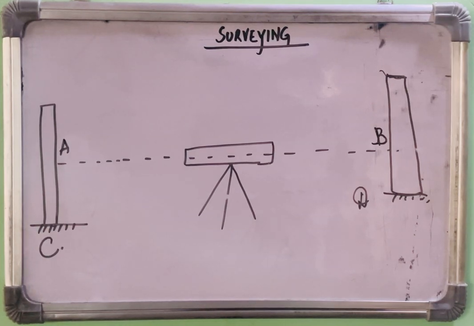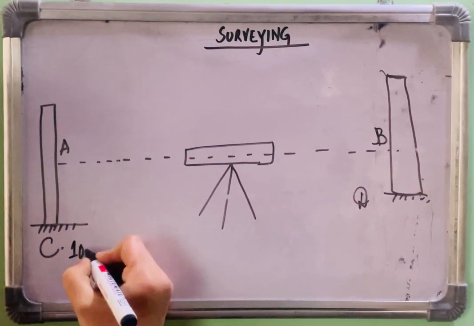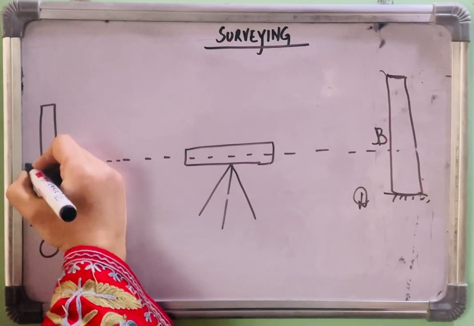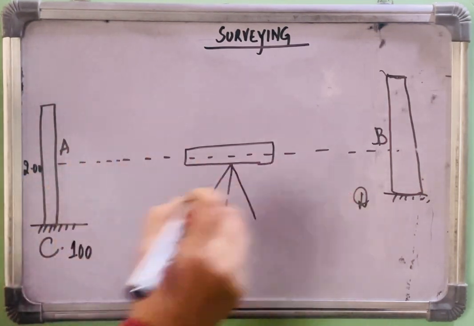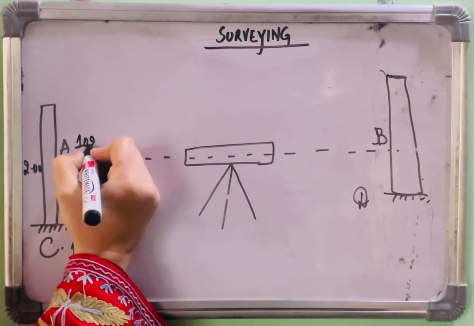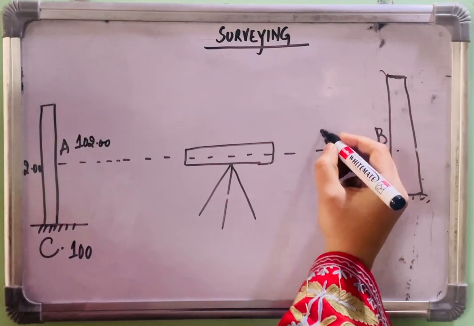We'll establish a horizontal line of sight. Let's suppose the benchmark here was 100 and we took the reading and it came out to 2 on the staff. So this line is established and its elevation is 102.